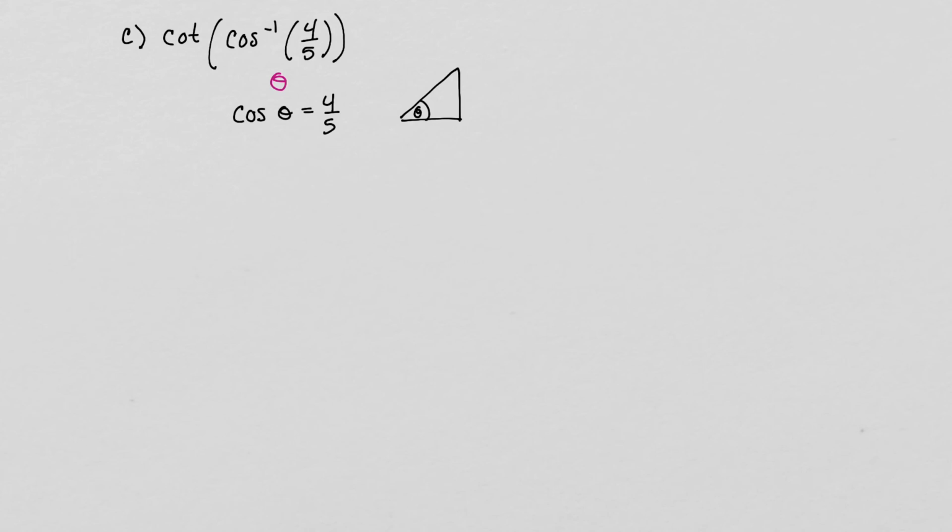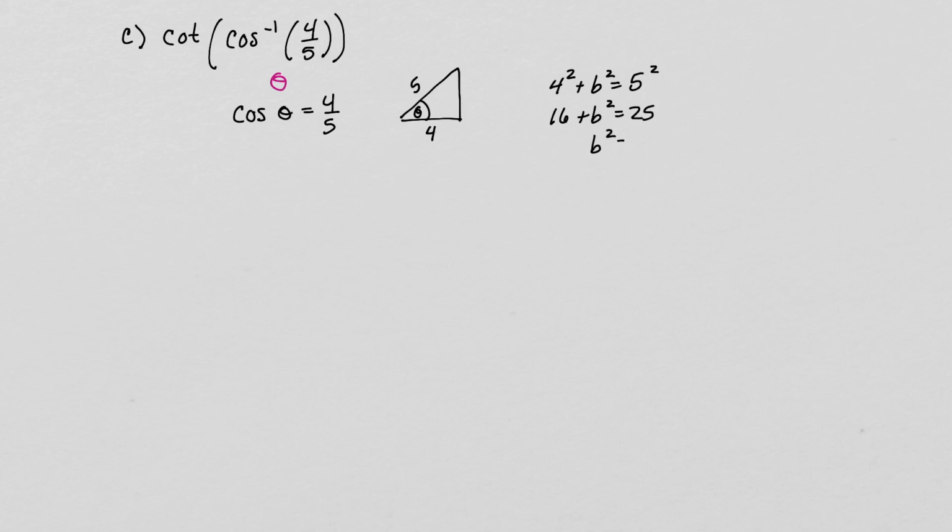then the cosine of theta equals 4/5 is telling us that cosine is the adjacent 4 over the hypotenuse 5. So we can use the Pythagorean theorem to find the other side. So 4 squared plus b squared equals 5 squared. So 16 plus b squared equals 25.